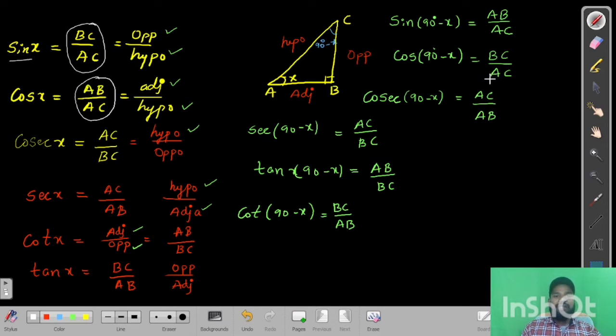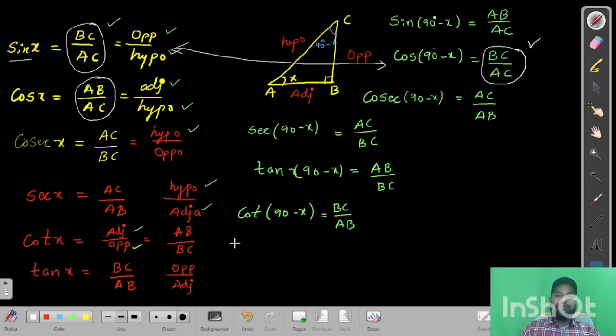By this you will understand one thing: sin x here is BC by AC, and cos of 90 minus x is also BC by AC. So here we are dealing with trigonometric ratios for complementary angles. It is a relation.